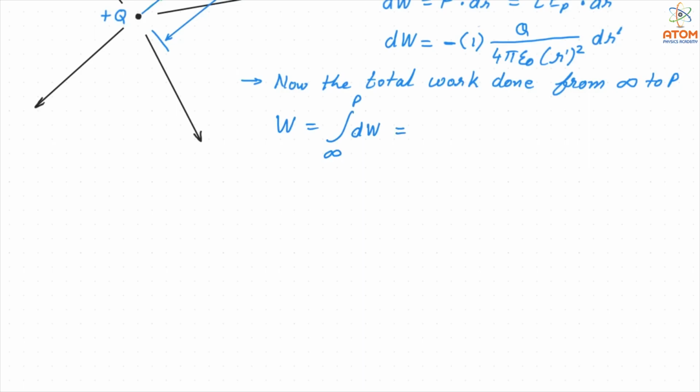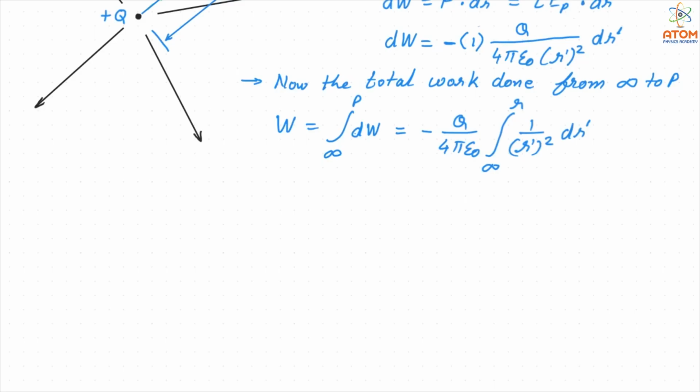Here this Q and 4 pi epsilon 0 are constants, so I can place them outside, and now integration of 1 upon r dash square dr dash from the limit infinity to r rather. See, instead of this P, now I am putting r because the distance of point P is r. That's why I am putting here r.